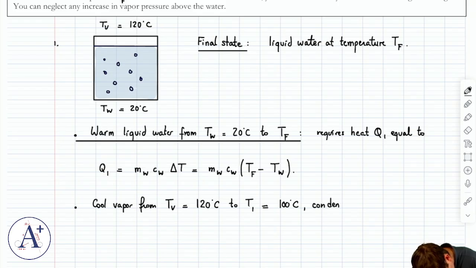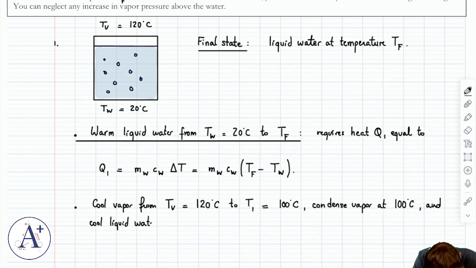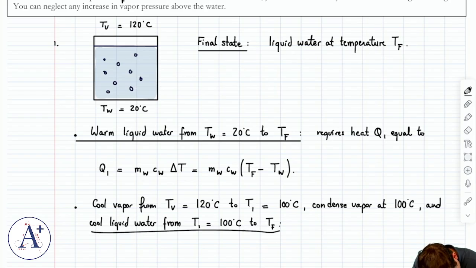Condense vapor at 100 degrees, and then cool the liquid water from T1 equal to 100 degrees to T final. I have to do all of this.